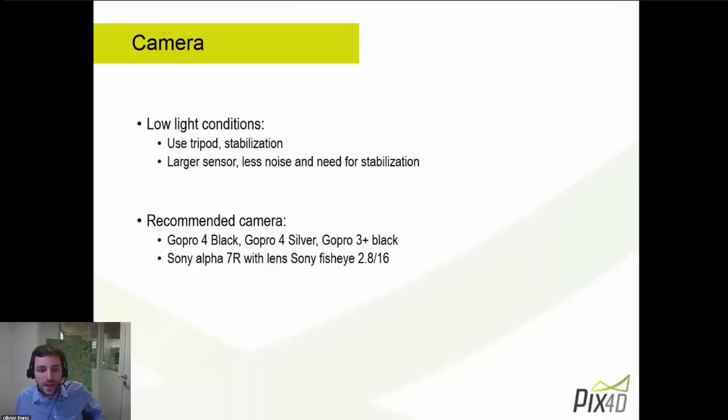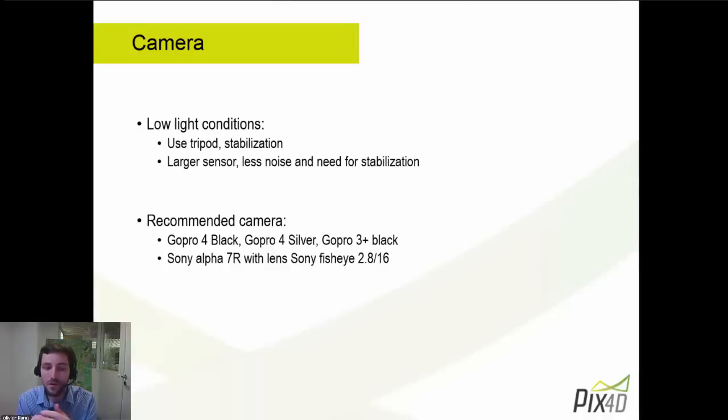The second tip: in indoor mapping, most of the time you will have very low light conditions compared to outdoor or UAV mapping. And low light conditions means that the pictures you'll get will be much more subject to blur, motion blur, or to noise because the ISO has been a lot increased.